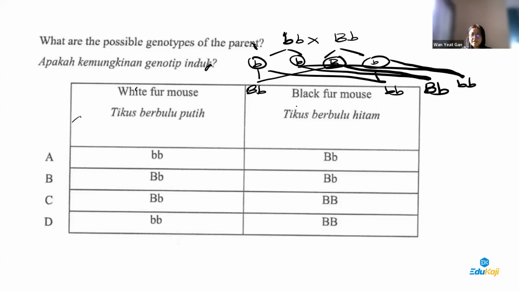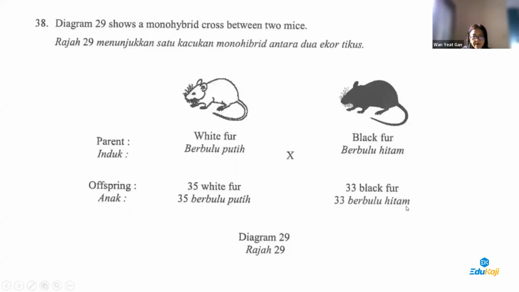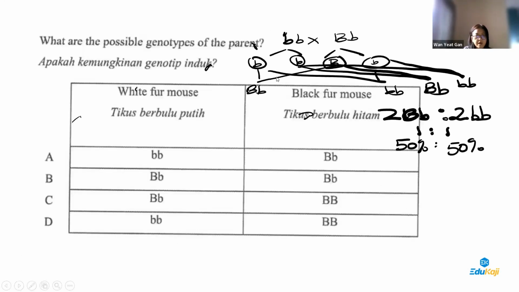So you find that you will get 2 Bb to 2 bb. So it's 1 to 1, which means that it's 50% to 50%. Now, earlier you can see that the number is 35, 33, so it's almost equal. So the answer is A.